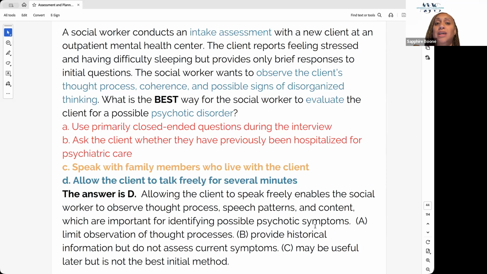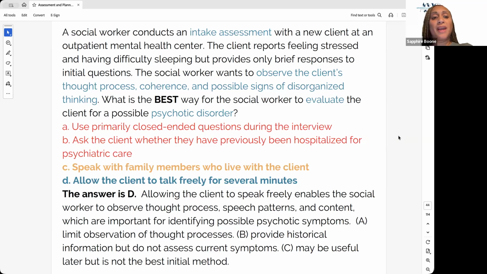But because we're trying to assess that, we do want more talking, right? Ask the client whether they have previously been hospitalized for psychiatric care. That's a good question, but it's just not the best way to observe the client's thought process coherence. That's key, right? Observe the client's thought process, coherence, and signs of disorganized thinking.